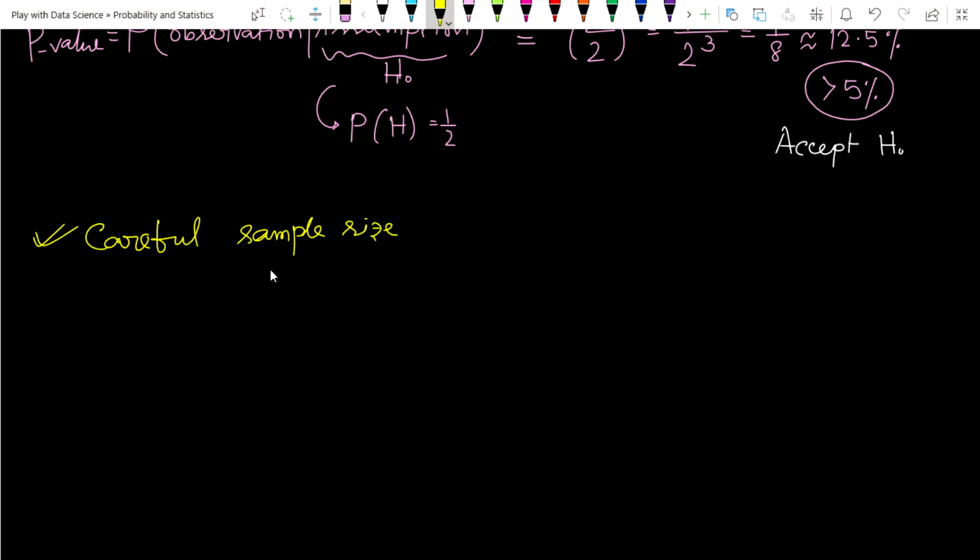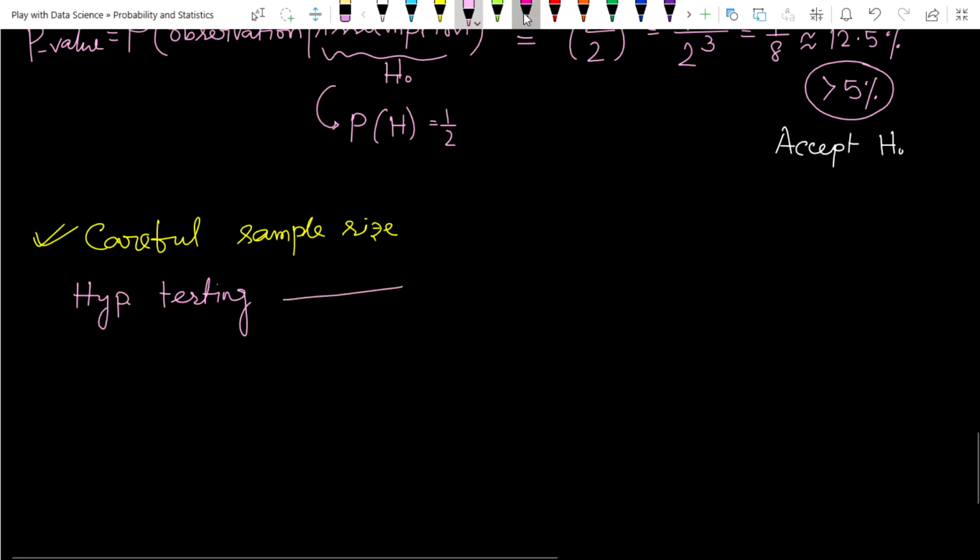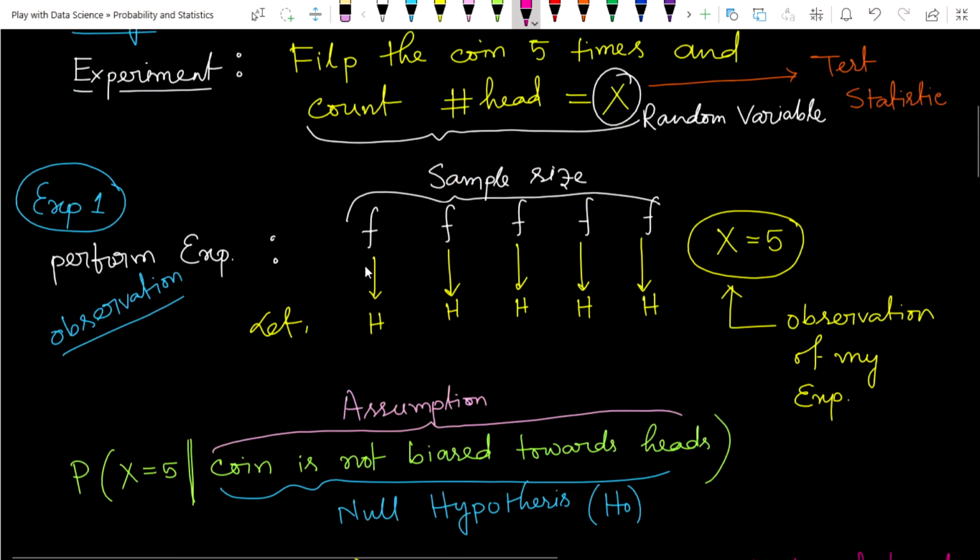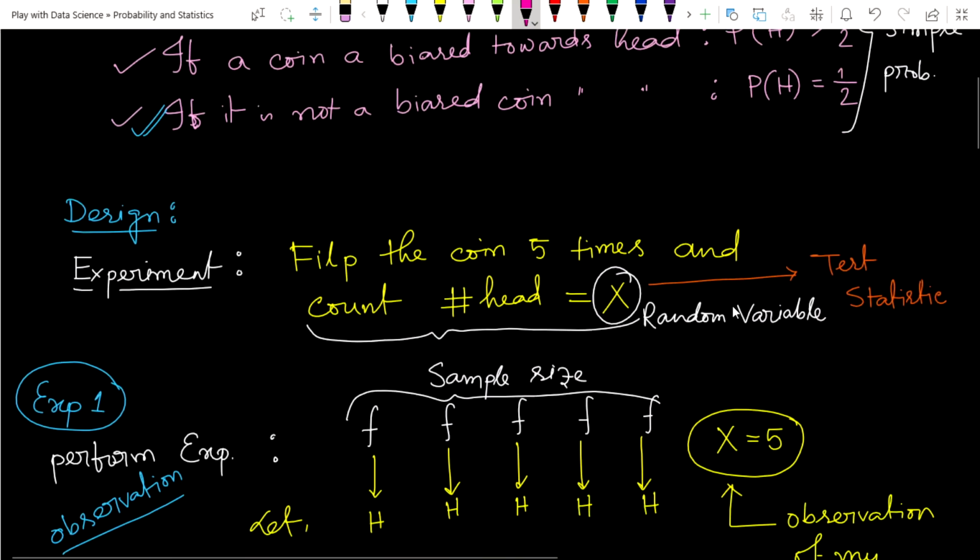So to design the hypothesis testing, these are the things we have to keep in mind. The first thing is designing the experiment, that is, selecting and making the test statistic.